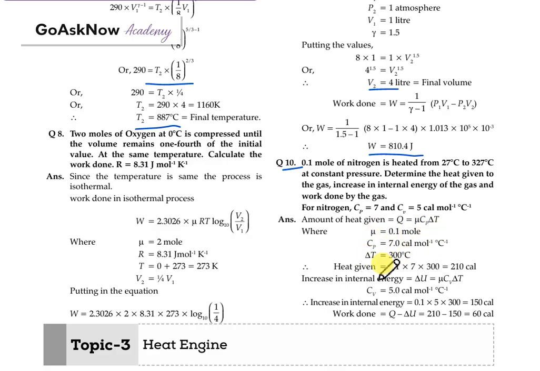We substitute the values. Also, delta U equals mu Cv dT, so we get the value of Cv as well, and the internal energy increase from this. The work done is Q minus delta U, 210 minus 150, so we get the work done, which is equal to 60 calorie.